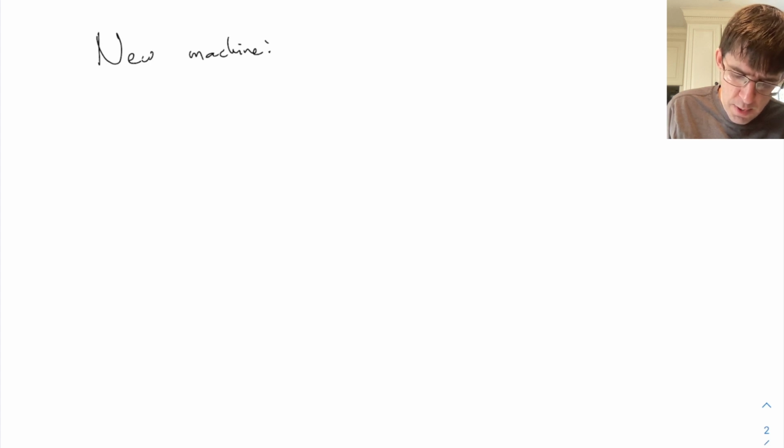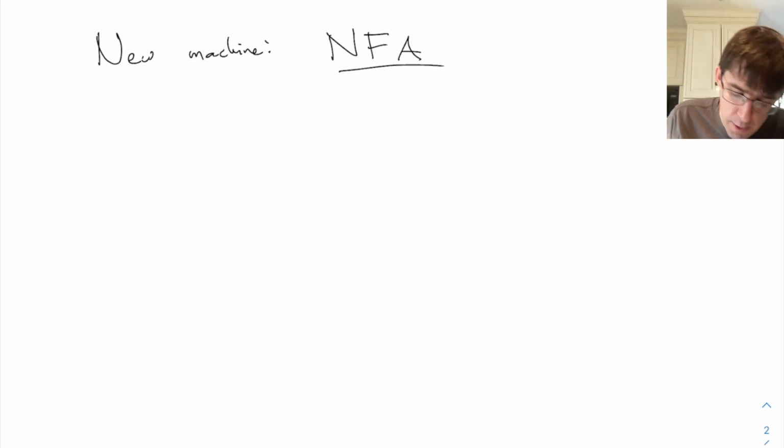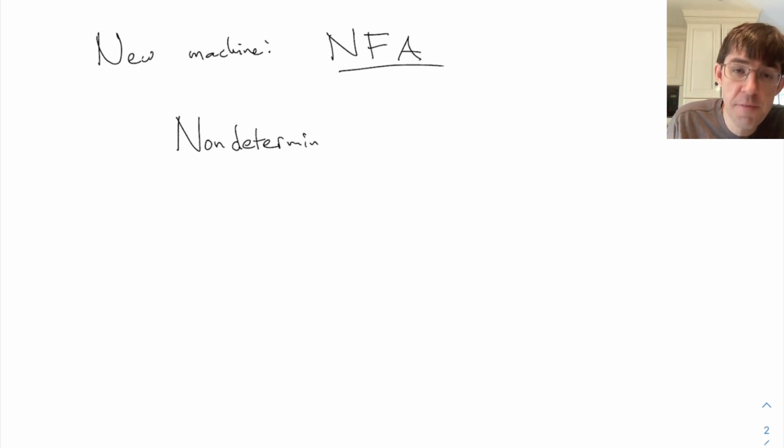This is called the NFA. It has a few extra little tricks that it can do though. So N rather than D. NFA stands for non-deterministic. That's the difference. Remember, DFA means deterministic finite automaton. NFA means non-deterministic finite automaton.